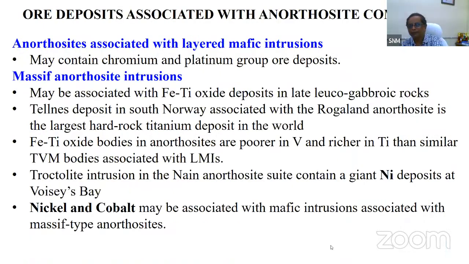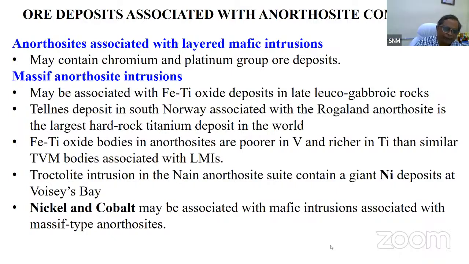Now coming to the ore deposits, as we understand, these are not much significant, but you can see that Fe-Ti oxides have been reported in many of the massive type anorthosites, just like in TVM bodies in the large mafic intrusions.